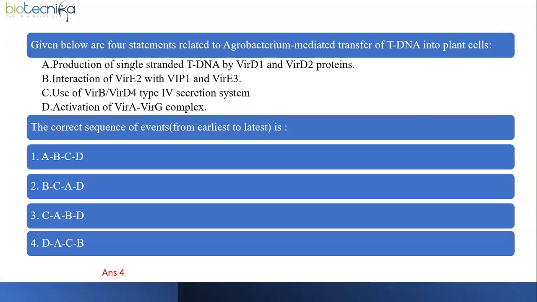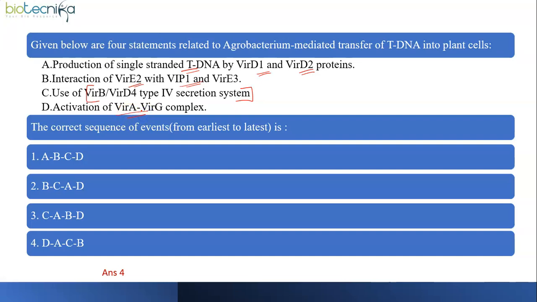They have provided 4 statements: production of single-stranded T-DNA by VirD1 and D2 proteins, interaction of VirE2 with VIP1 and VirE3, use of VirB/VirD4 type 4 secretion complex, activation of VirA/VirG complex.